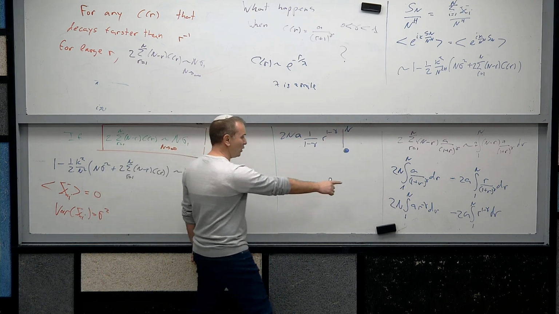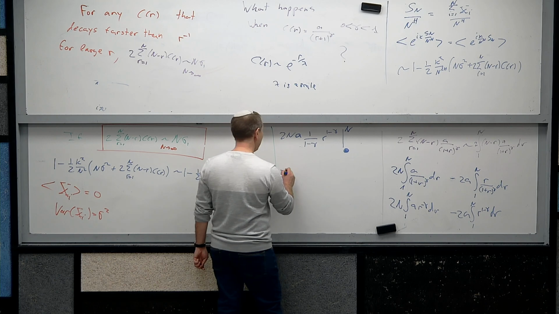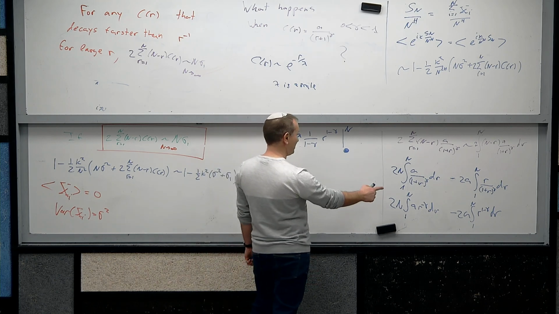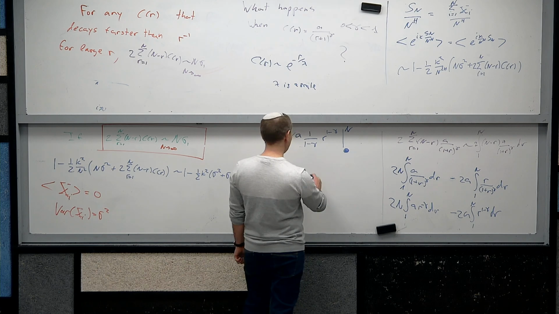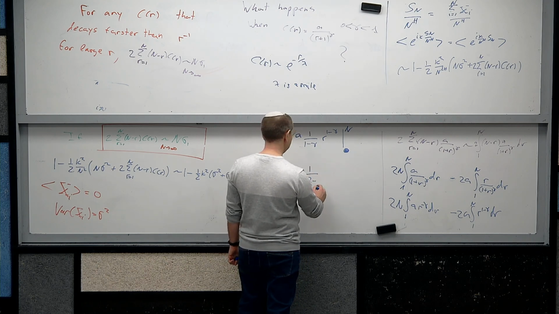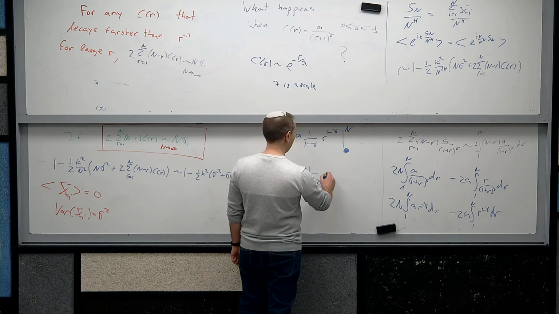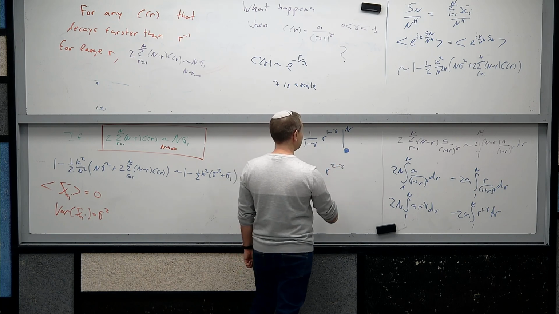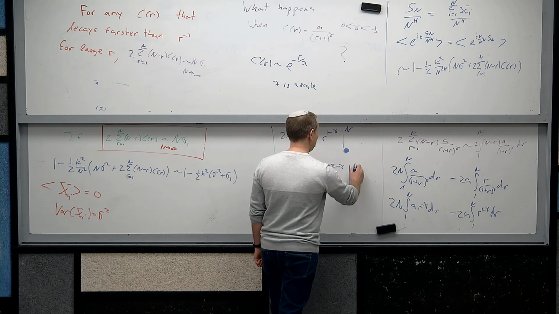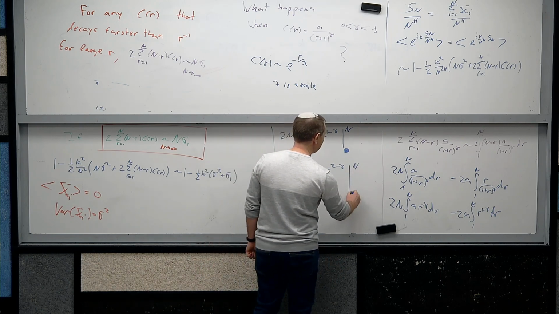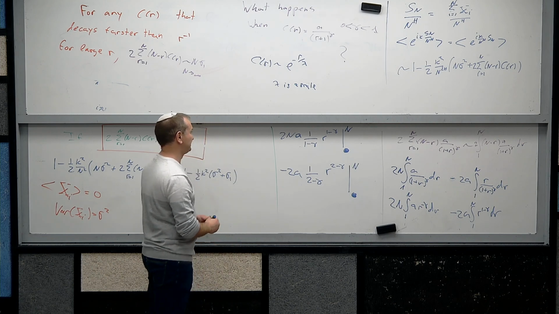The same goes for the second integral. I have minus 2a, 1 divided by 2 minus gamma, times r to the power of 2 minus gamma. Again, I only care about n, and I don't care about what happens at the lower limit.